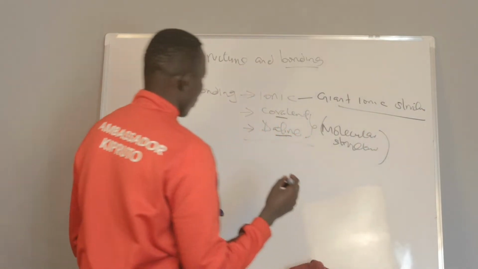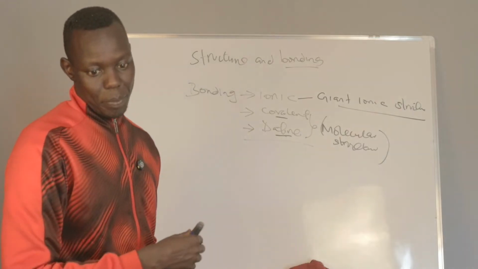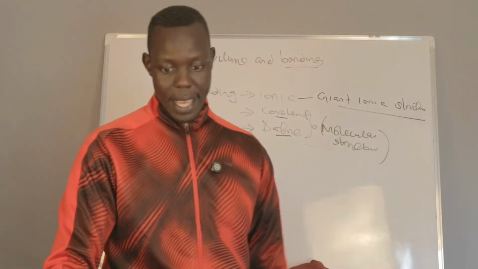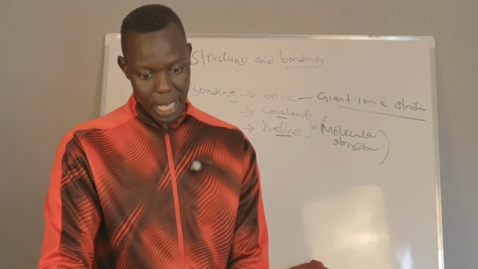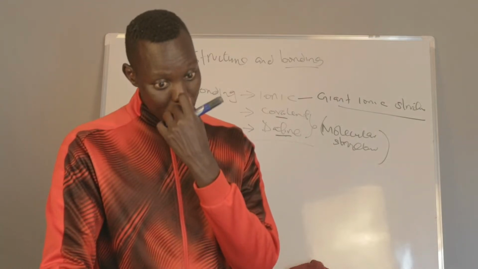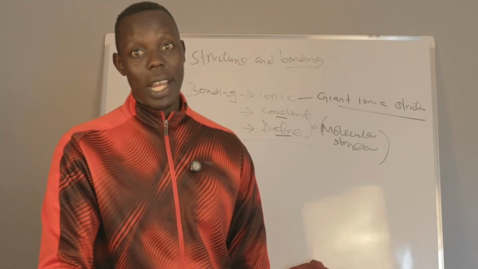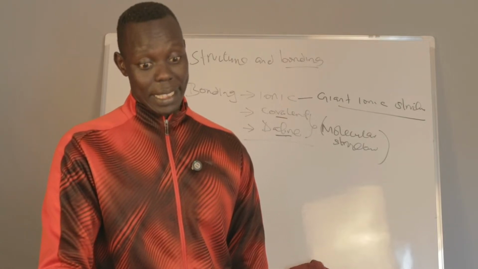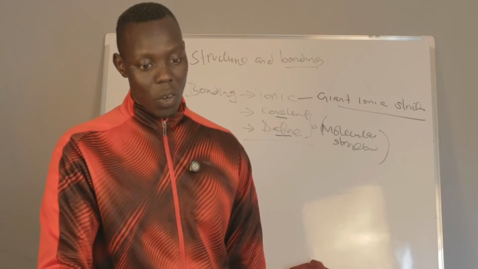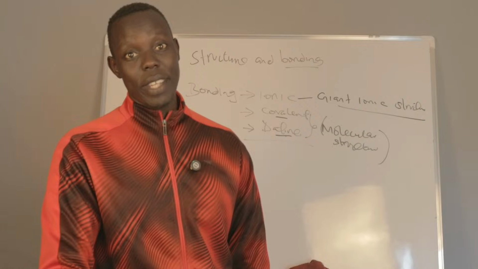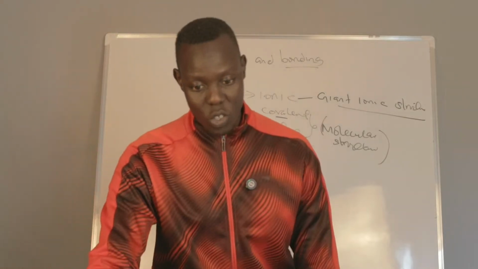So today, let's look at what we call molecular structures. I will start by asking you to name some of the substances that have molecular structures. You name it for yourself, and I'm going ahead to mention them so that you see whether what you have written in your book is correct or not.